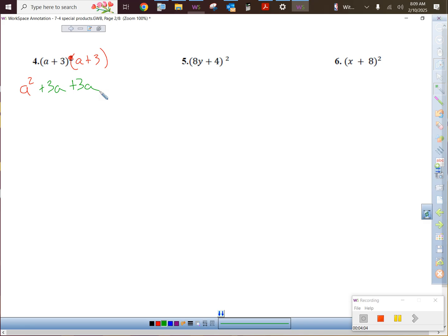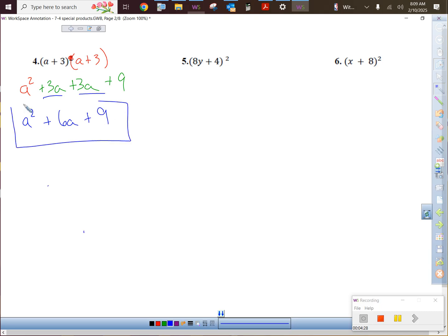I mean, we know it's 9, but where does it come from, right? Where do you get the 9 from? What times what? 3 times 3, right? So we would have ourselves a 9. And then, of course, that would be a squared plus, how many a's would there be? 3a plus 3a is 6a plus 9 in that case.